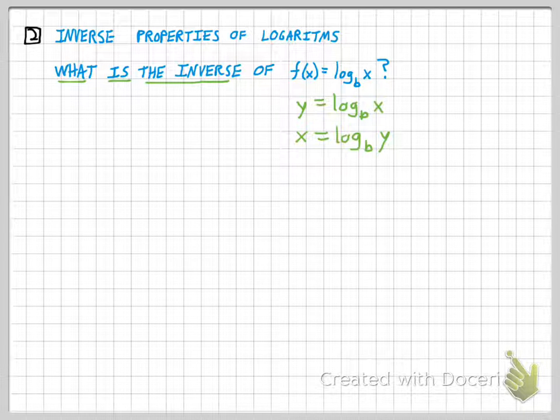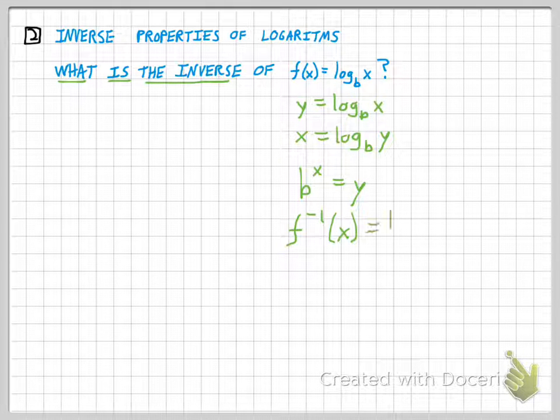That's a little tricky, but if we remember that every logarithm can be rewritten, I'm going to change this to my base b raised to the x power equals y, and just by rewriting this we actually have solved for y. So my inverse function is b to the x.